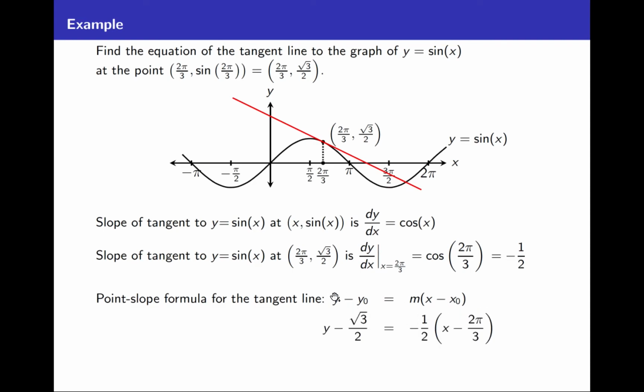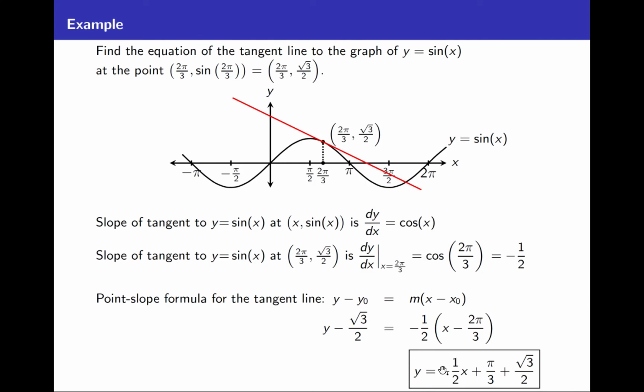Plugging in our data, y naught is the square root of 3 over 2, m is negative 1/2, and the x naught, that's this x value of our point, it's 2 pi over 3. We put that right there, and at this point it's just cleaning up. We can distribute the negative 1/2 into the parentheses and add a square root of 3 over 2 to both sides. And here is our equation.